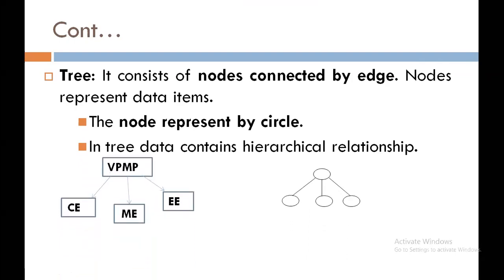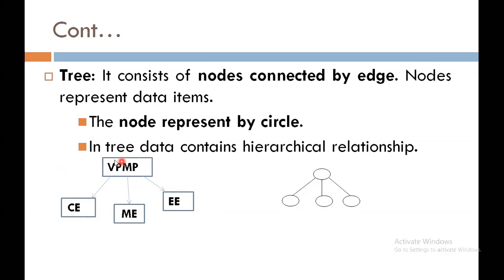Now, this is an example of a tree data structure. Here, this is the node. Four nodes are there, first, second, third, fourth. This is the root node, meaning it is the first node. After this node, three child nodes are there, meaning this node contains three nodes. And these nodes are connected by edges, meaning this line, and this line.